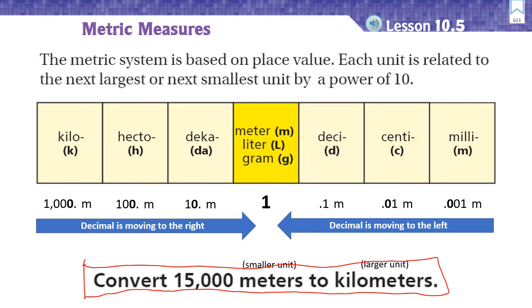Meters is our smaller unit, so this is our fly. And kilometers is our larger unit, that's our horse. Fly to horse, divide, of course. Okay, so we are going to divide 15,000 by the number of little meters in 1 big kilometer.